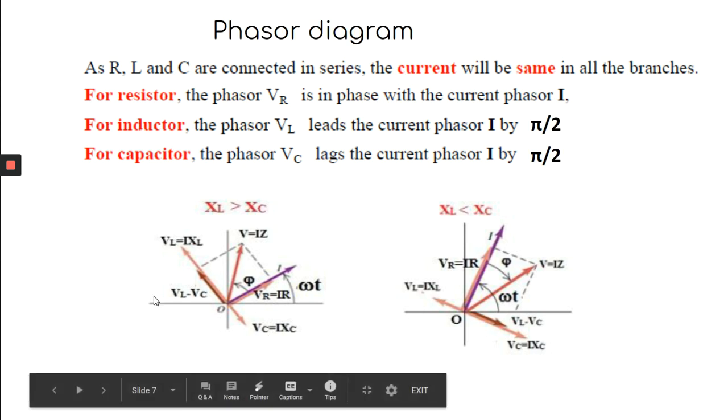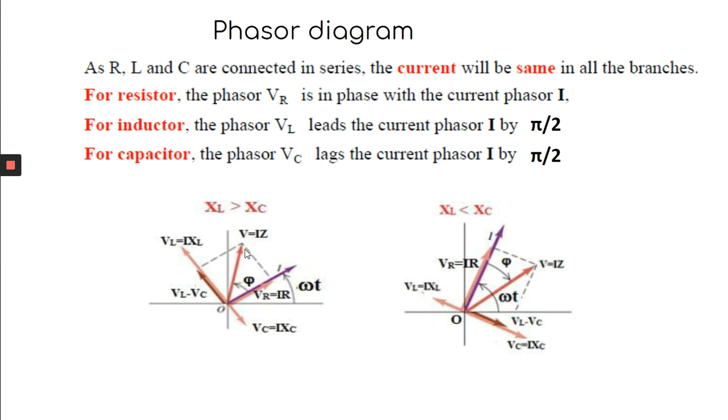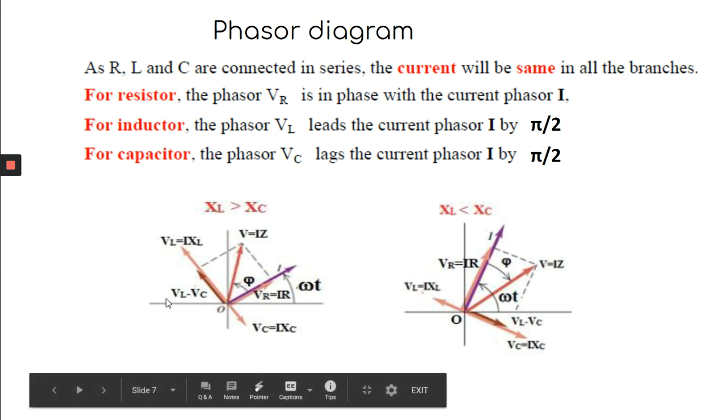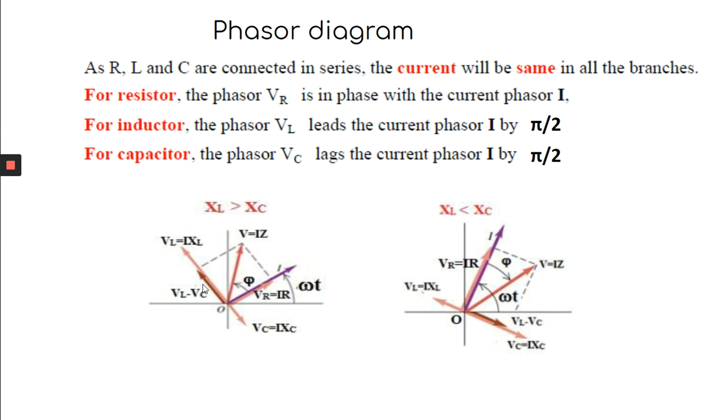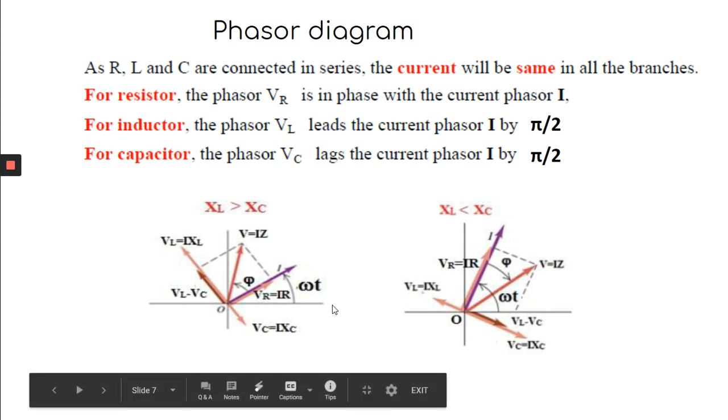So I think this is clear. So from the phasor diagram, it is clear that this is V and this is phi. As this value is given and this is given, you can find phi in terms of VL, VC and VR. Also you can find Z in terms of VL, VC and VR.